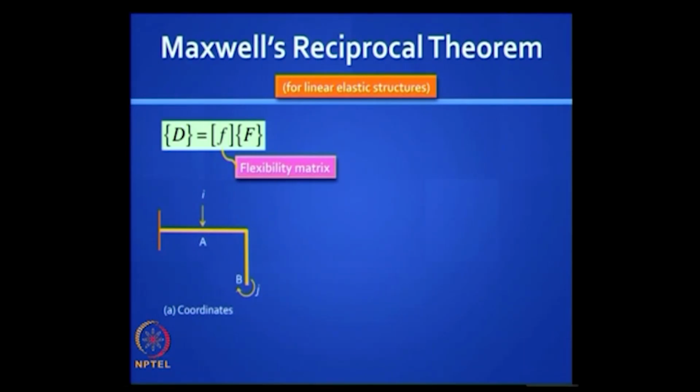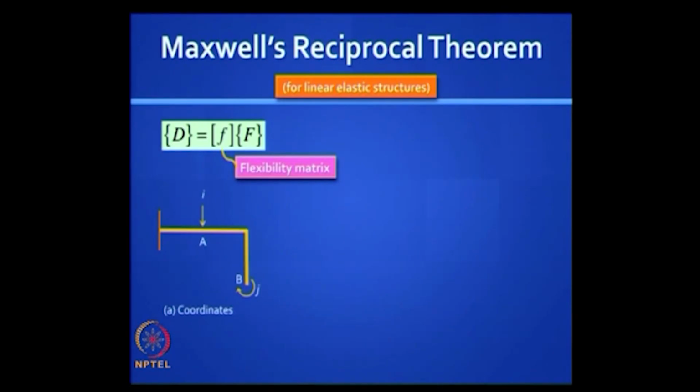Let us look at that cantilever frame, and we mark 2 coordinates, and deliberately we have taken 2 different types of degrees of freedom. What is indicated as I is a translation and J is a rotation. The conjugate forces would be a direct action force at I, and Fj would be a moment.